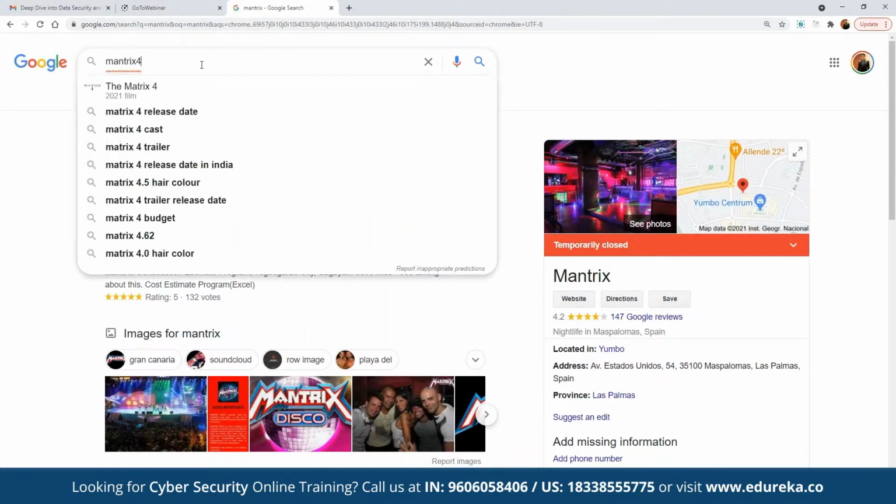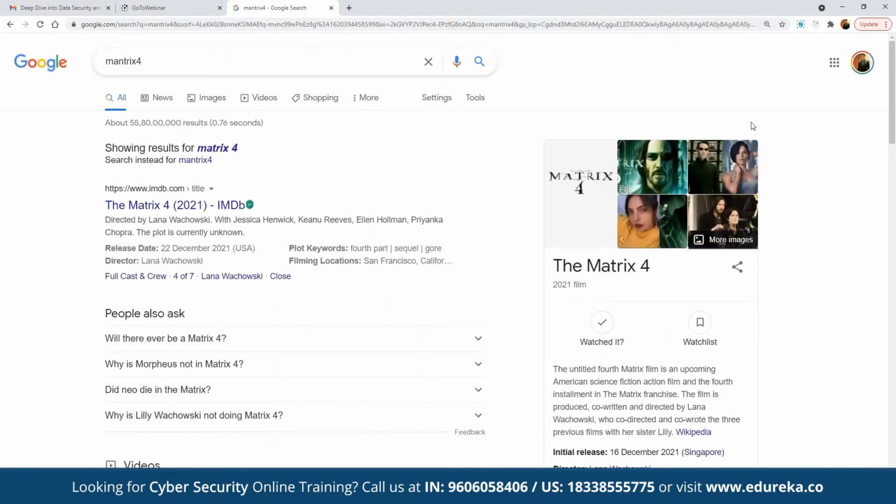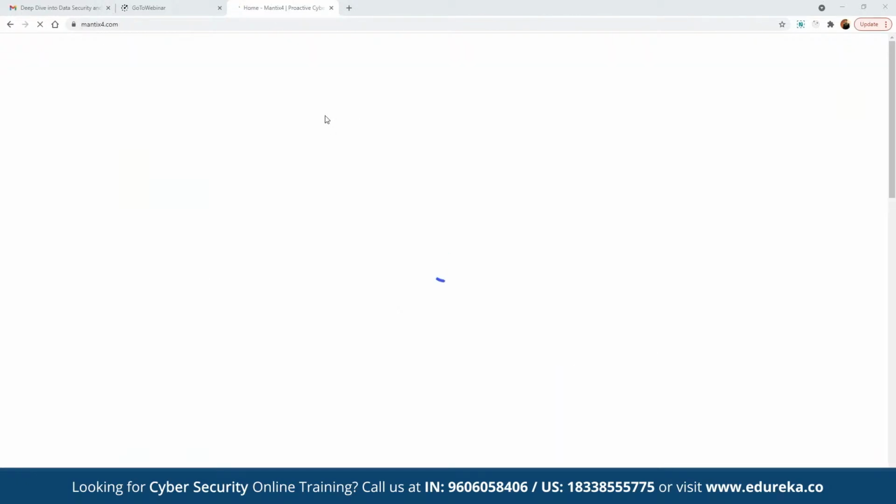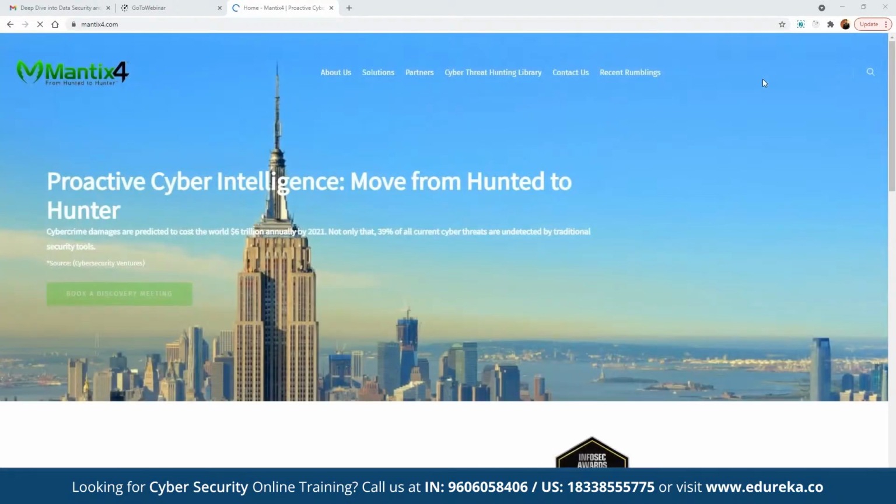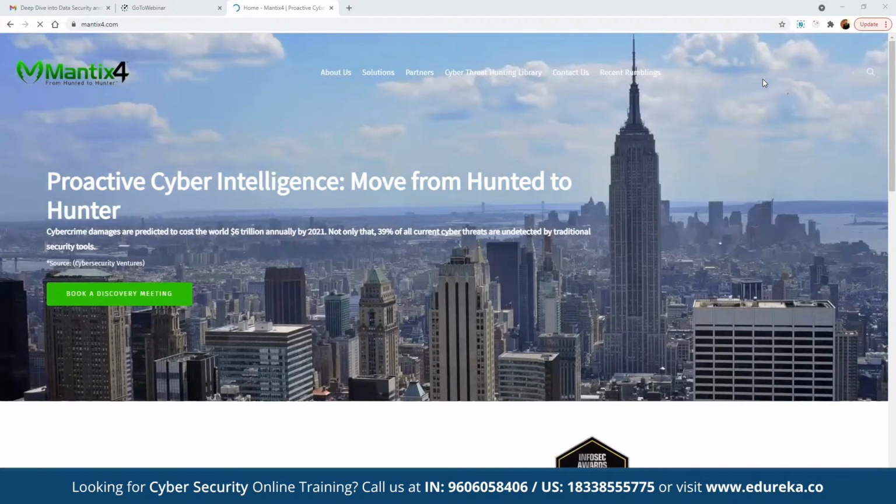So here we have Mantix 4, not Matrix 4, defined as a tool. The Mantix 4 platform seeks to solve the people problem. It simply takes threat hunting into the software as a service model and provides that.